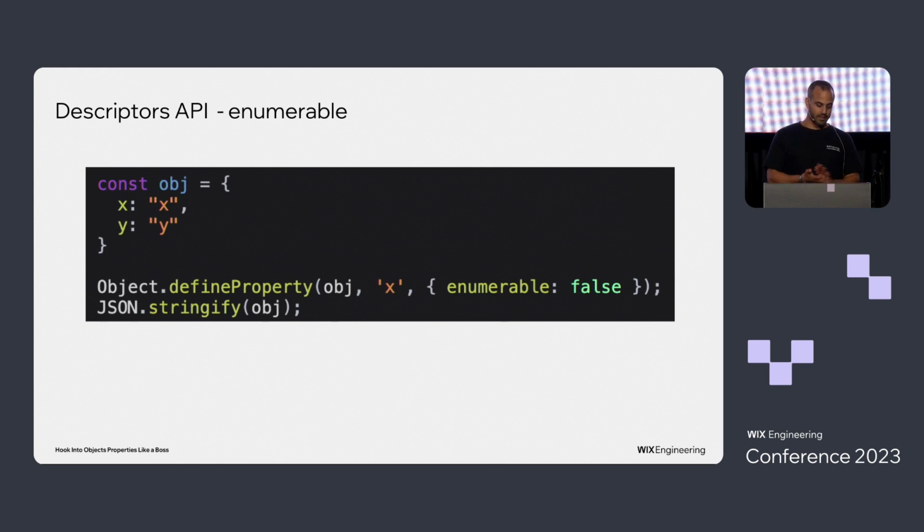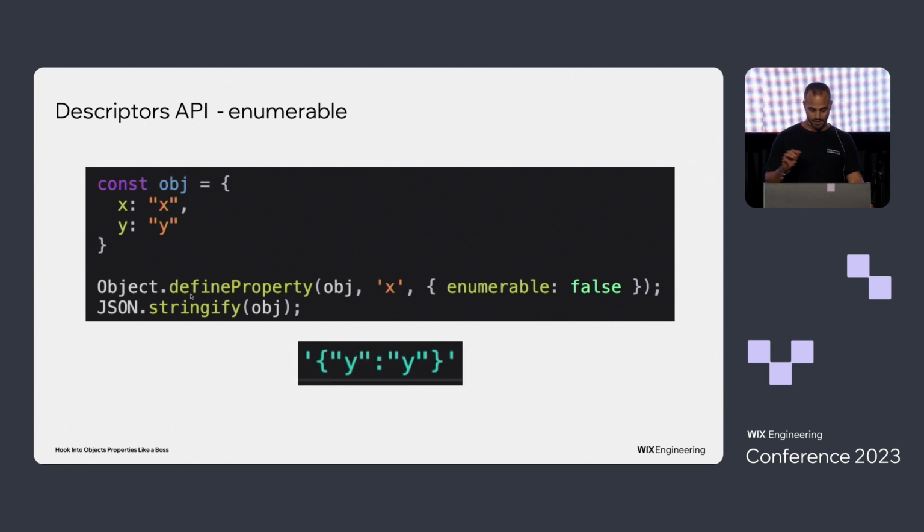Enumerable is a very nice attribute with which I can hide some iterable properties inside an object. So if I set some property, let's say x, of this object, as enumerable false, when I try to stringify it, for example, I won't see it. Why? Because under the hood, I said this attribute is not enumerable on iterable operations.